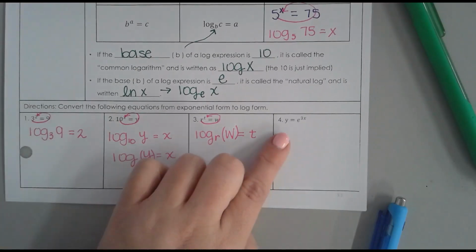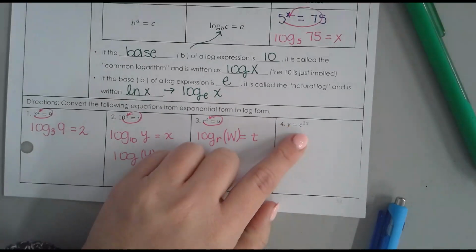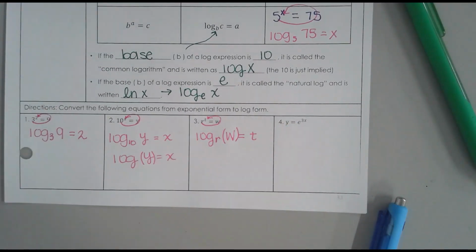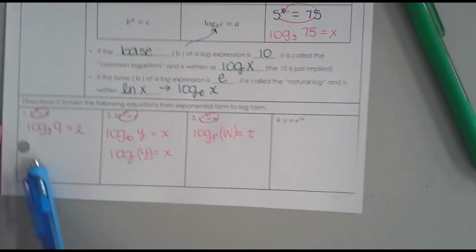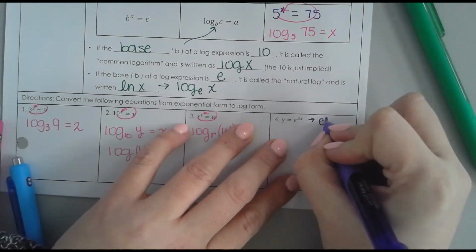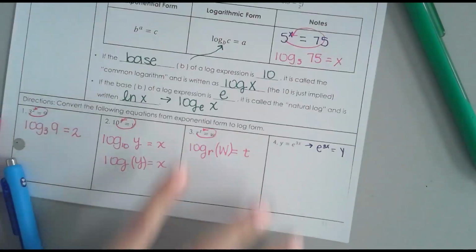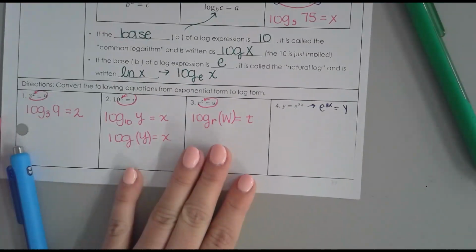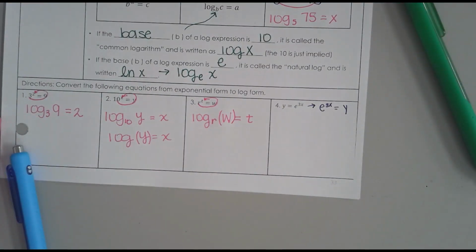Now number 4, notice the part that has the exponent is not on the left. So if you try to do the little swirl, it's not going to work right. So I'm just going to flip that: e to the 3x equals y.